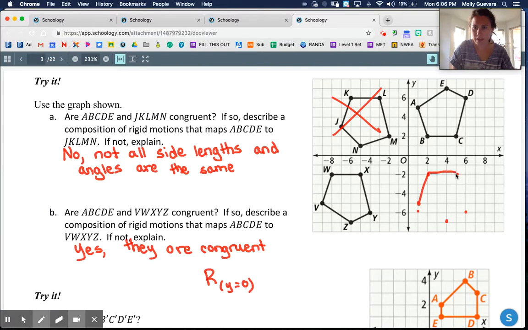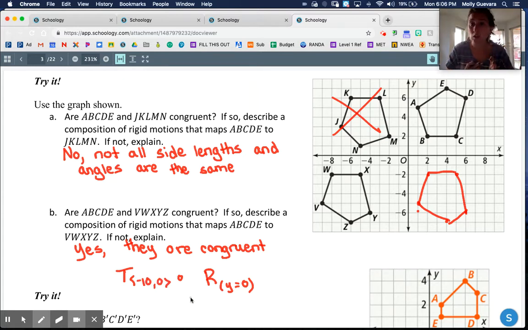So now I have this shape. And then I can combine it with a translation where I just move it to the left. I'm going to move it to the left 1, 2, 3, 4, 5, 6, 7, 8, 9, 10 units. So now I'm going to translate to the left 10 and up and down 0.